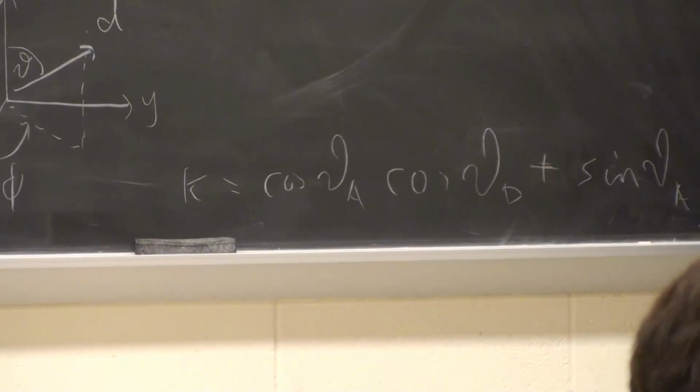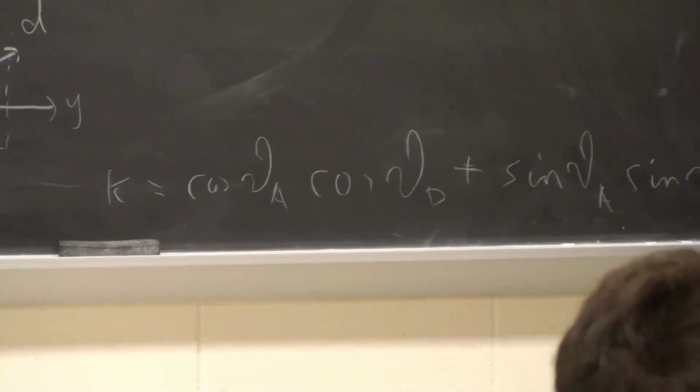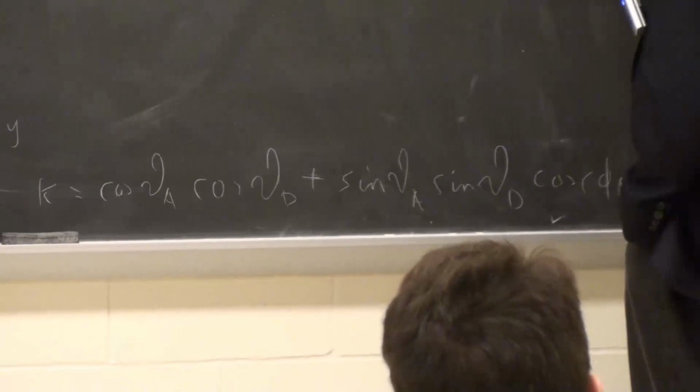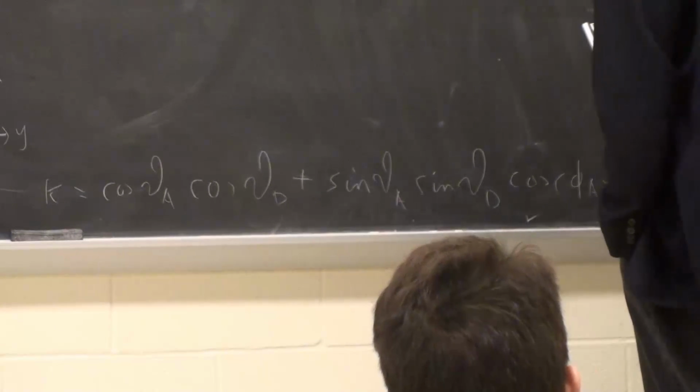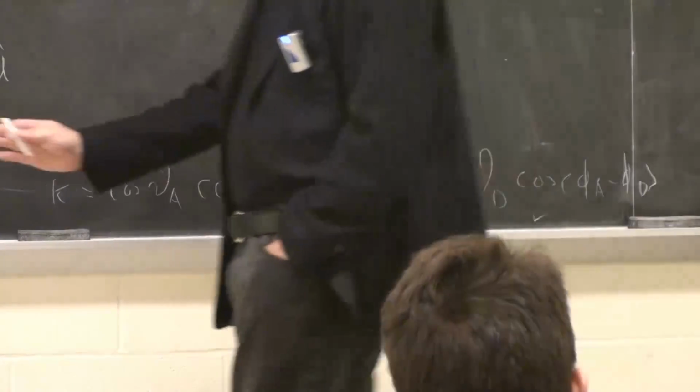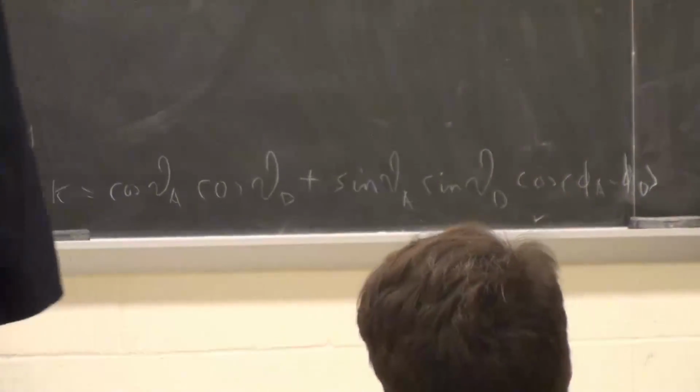So I think it's cosine phi A minus phi D. And so this is this scalar product.